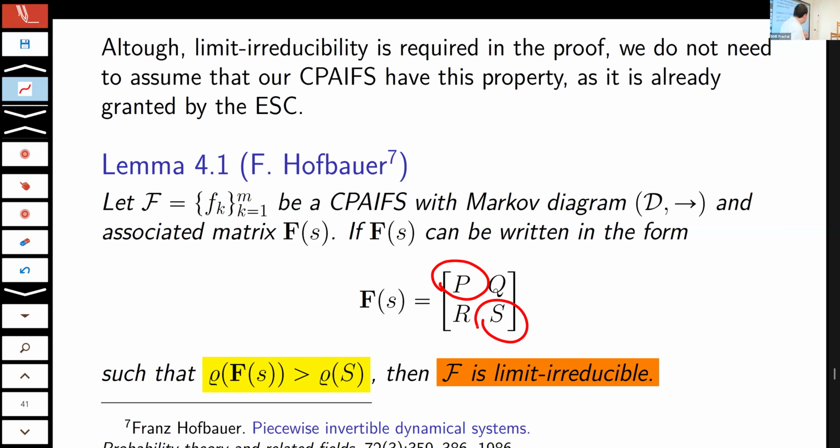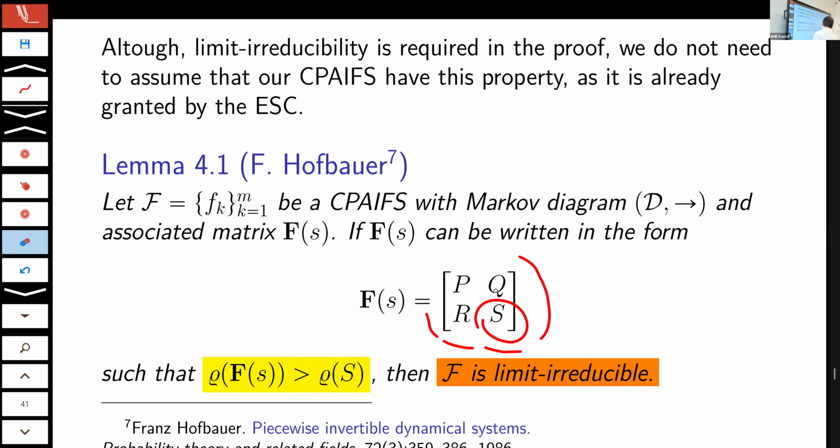These are the 2 blocks we need to focus on, because if you can show that the spectral radius of the whole matrix is strictly larger than the spectral radius of this residual part that we don't want to deal with, then we have limited reducibility.